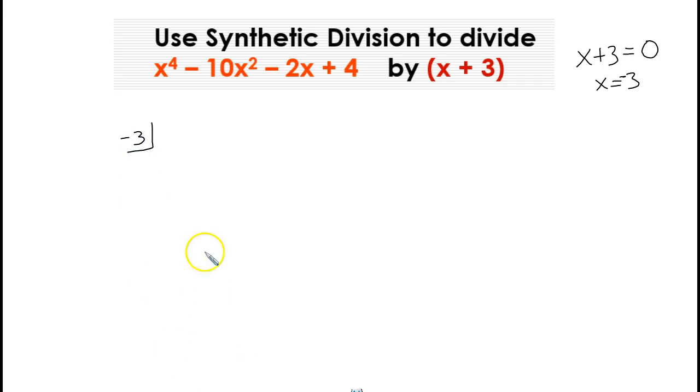Next, we're going to look at what we're dividing into, and we're going to look at all the coefficients. In the last video with long division, I talked about something that I call the countdown, and that is making sure that all of your exponents are represented from the highest one all the way down to the constant.